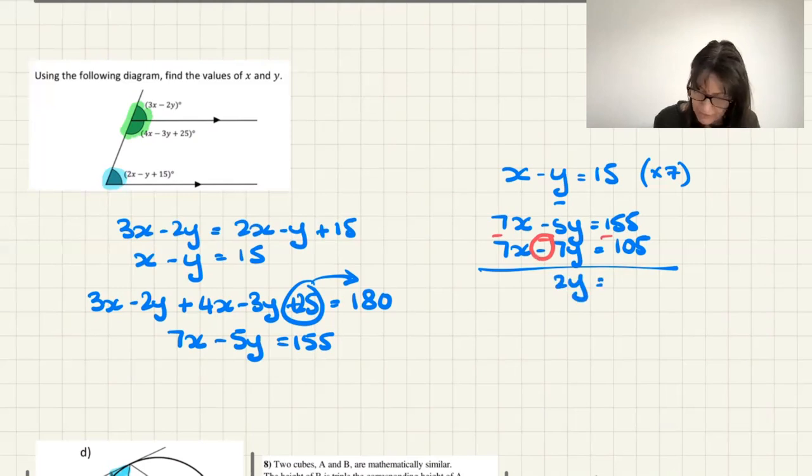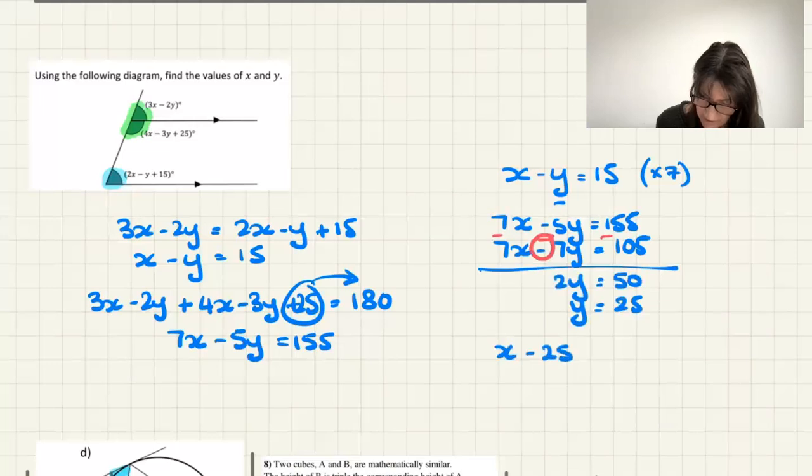And then 155, take away the 105 is 50, which is going to tell me that y is equal to 25. And now I'm just going to substitute back into this top one. I've got x minus y is 15, so x minus 25 equals 15, so x is equal to 40.